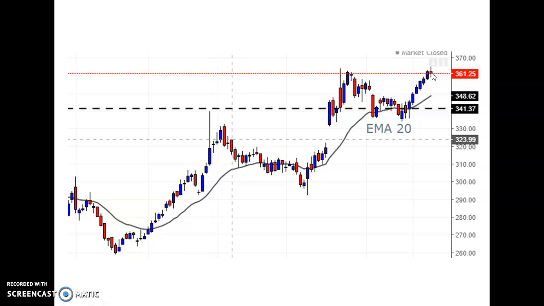The simple moving average is the simple average of the security price over a specific period. The exponential is similar but attributes greater weight to the most recent price. The primary signal: when it crosses above the 20 days, it indicates a bullish crossover, and that provides a likely increase in the buy signal with volumes.